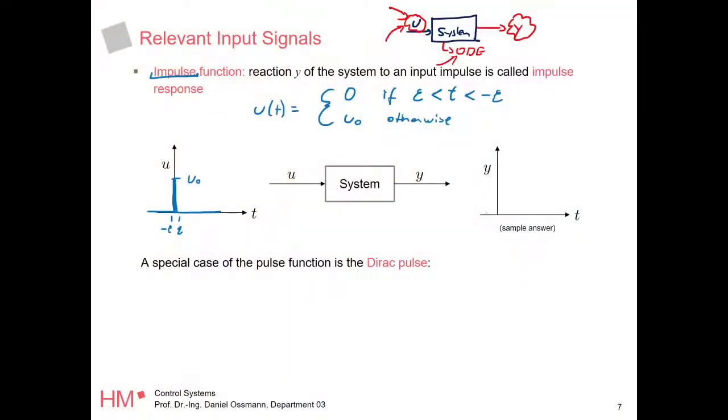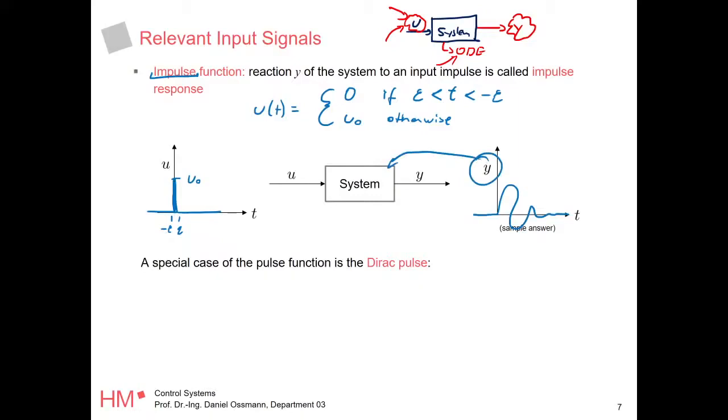You can test a lot of systems on how the impulse response, the answer to that impulse, looks like. I'll give you a sample response. Obviously, every physical system, if it's in equilibrium, needs to be 0 at this point, and then it could look like this. This is just a sample. Obviously, the output here depends on how the system looks like.